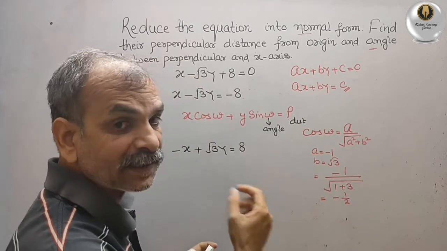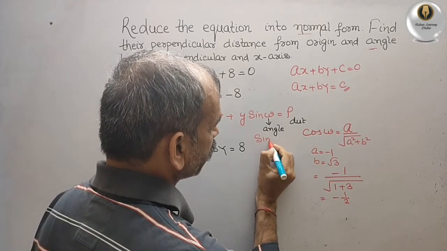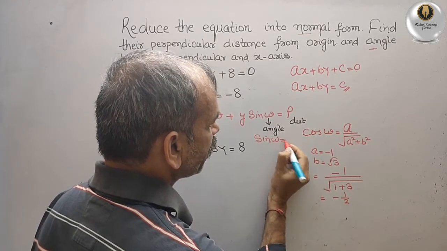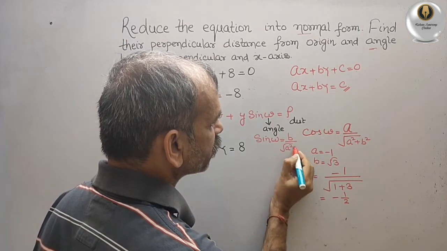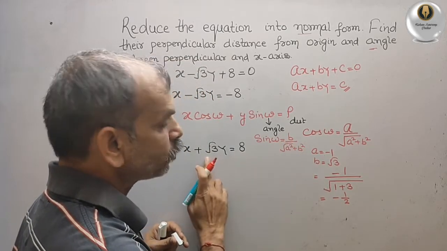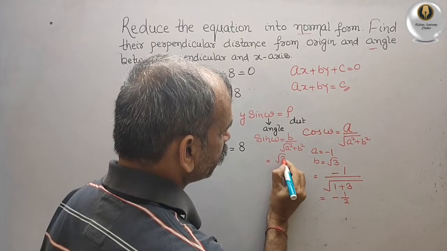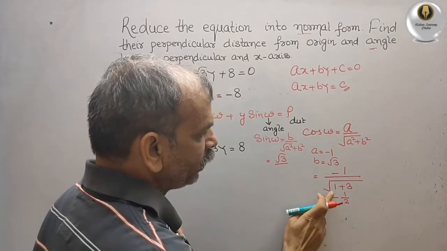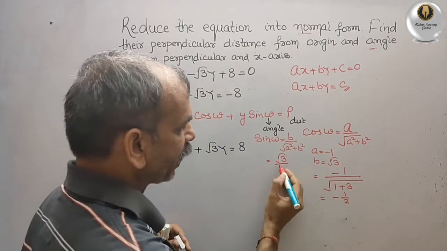Now for sin omega: sin omega is b upon root over a square plus b square. b is root 3, and a square plus b square is 4, whose root is 2.